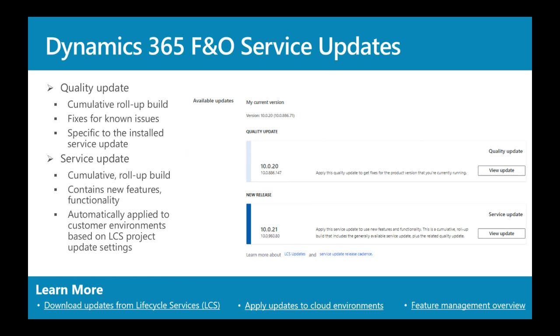So it's really important when you do a service update to a next release that you also check the feature management, go through that list and select the features that are maybe interesting for your business or that you can benefit from, and that you also take that up in your regression testing.